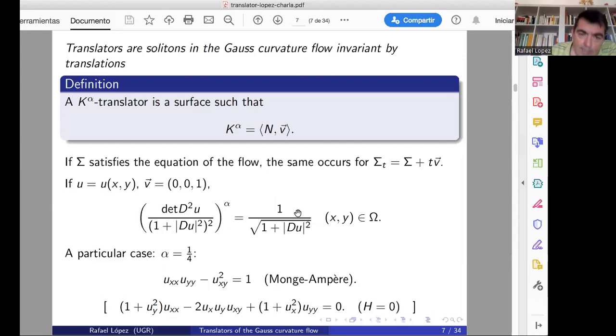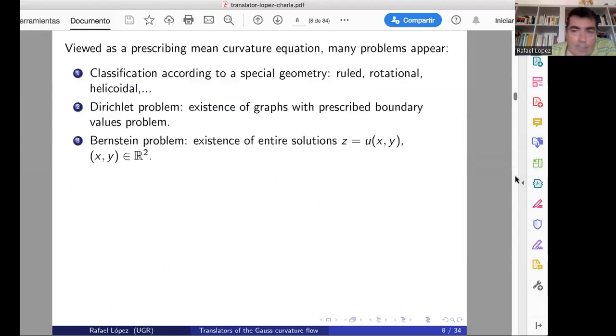And also, another interesting problem from the minimal surface theory is the Bernstein problem. The Bernstein problem is to ask if there are entire solutions of the equation. Entire solution means that the solution is defined on the whole plane, okay?